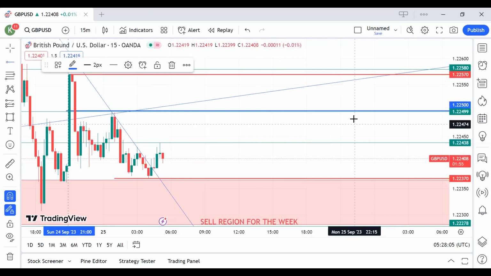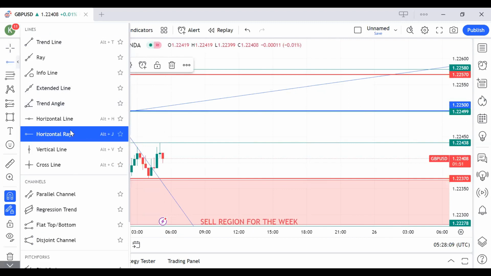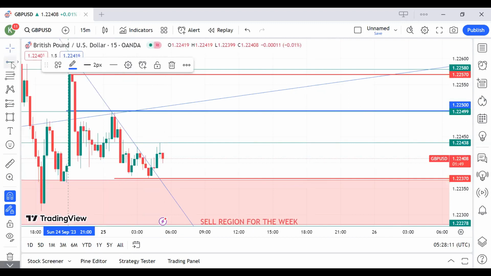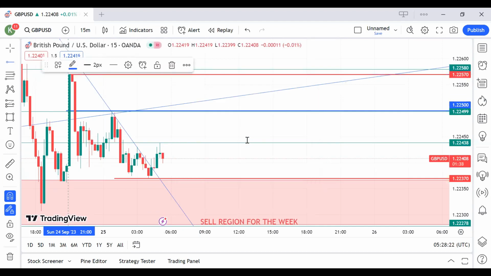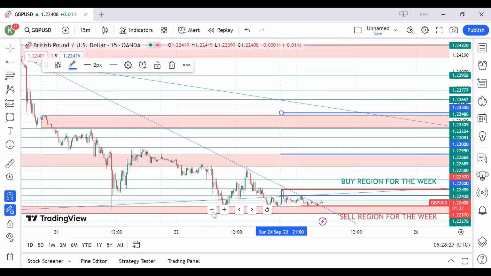And then upward, after this one, we had 130, right? So all we need to do is drop another one and make it 1.235. That'll be the next one upward. That's all. So automatically we've been able to mark out all our psychological levels.